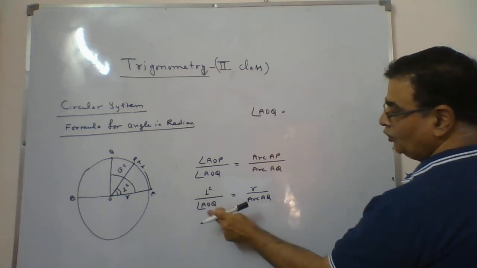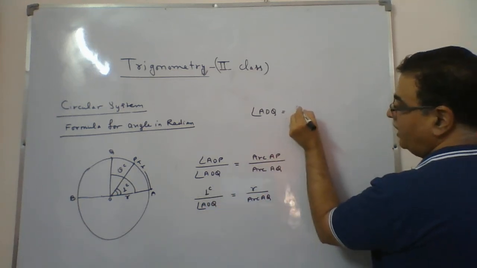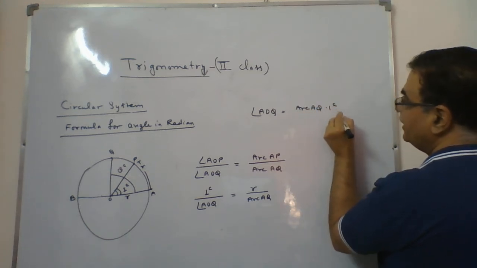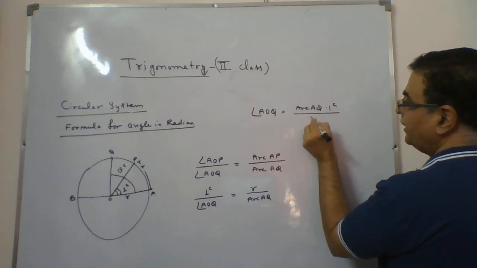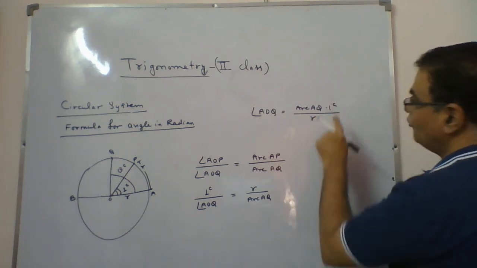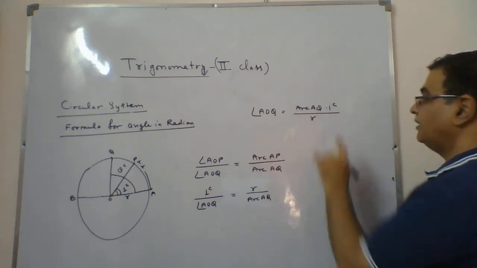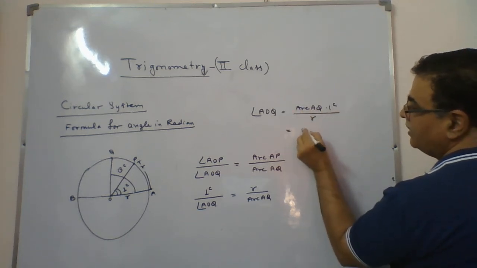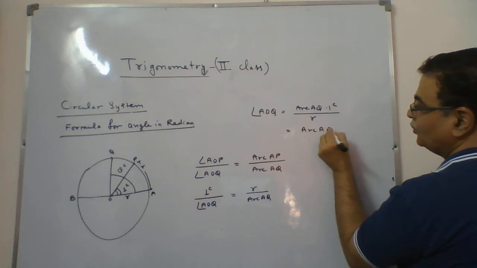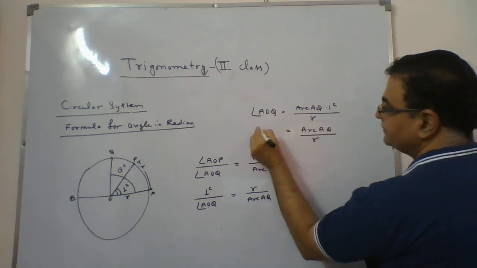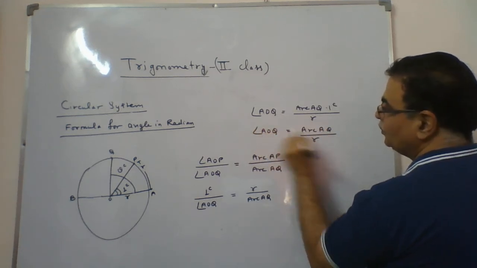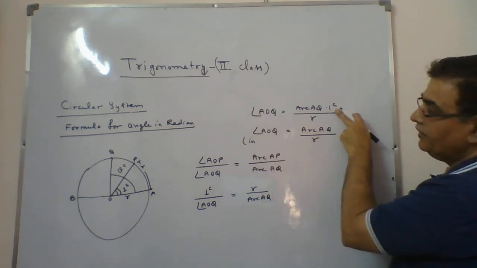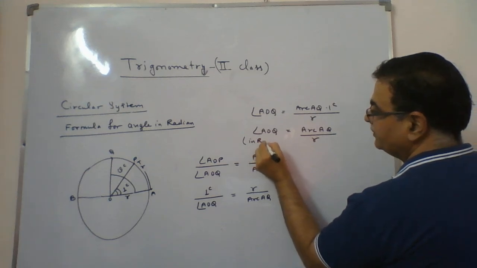So it will be arc AQ into 1 radian divided by r. 1 radian is a constant value in terms of radian. So 1 radian, and this is arc length. So what will it come? Arc AQ by the radius. This is angle AOQ, and this angle will come in terms of radian because this is coming in radian, so this will also be in radian.